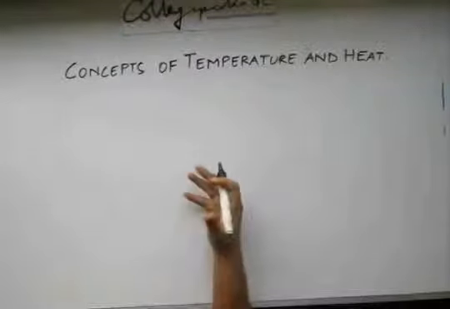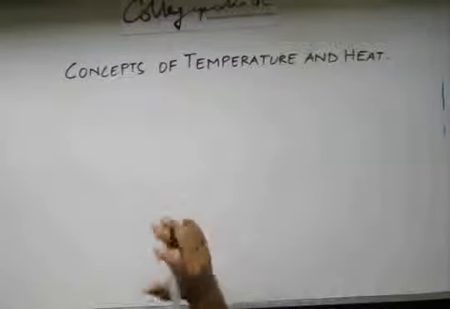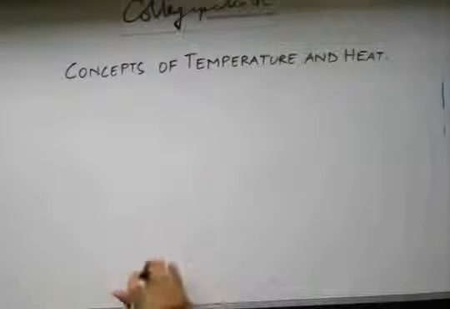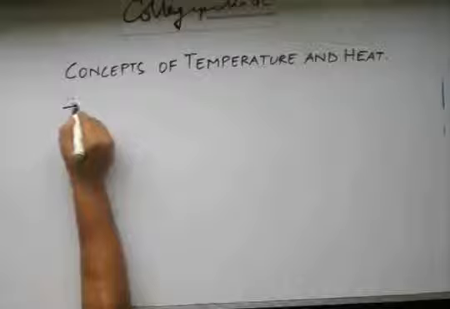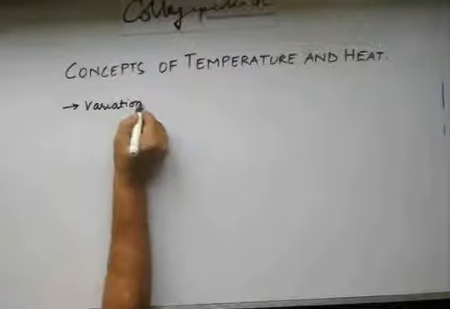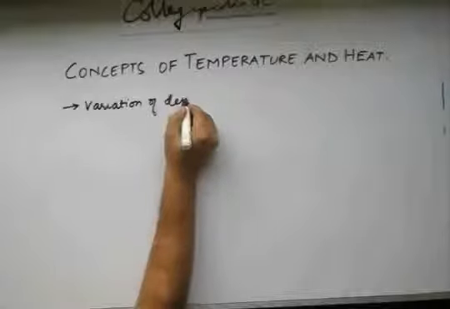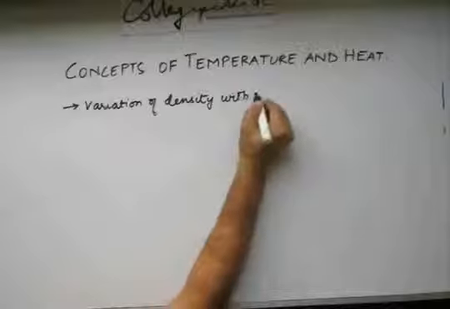Now what is that decrease, and what amount of decrease takes place on a certain temperature gap? We will be deriving that now. So now we have variation of density with temperature.